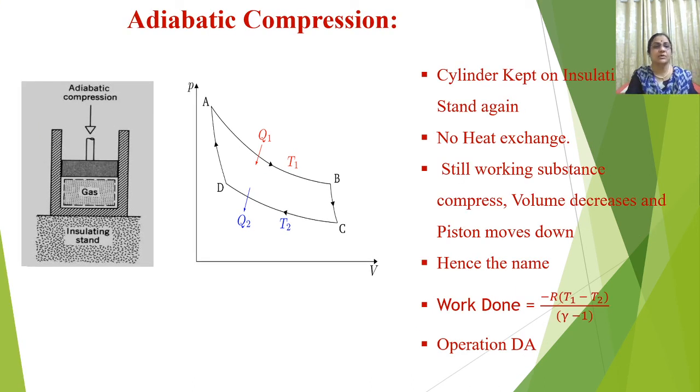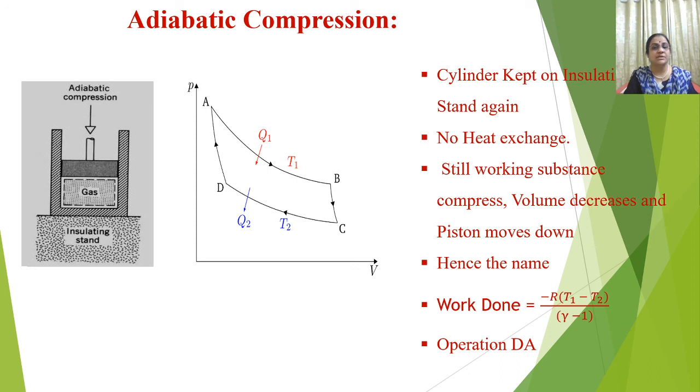During the fourth stroke or fourth operation, that is adiabatic compression, the working substance is again kept on the insulating stand. Working substance has a tendency to compress, so the compression still continues. But during this compression, heat is not rejected and hence the internal energy of working substance increases and therefore temperature of working substance also increases from T2 to T1.